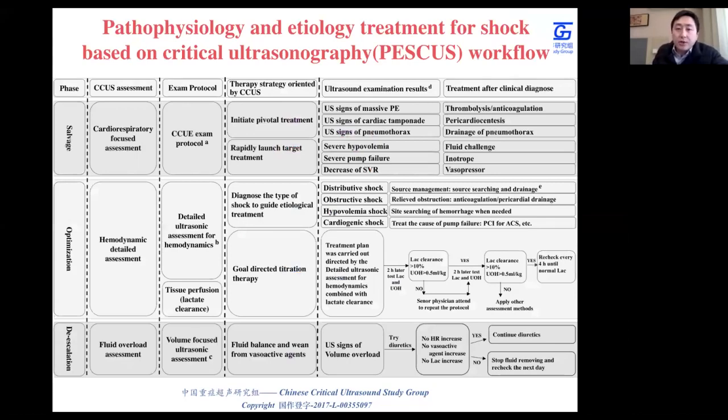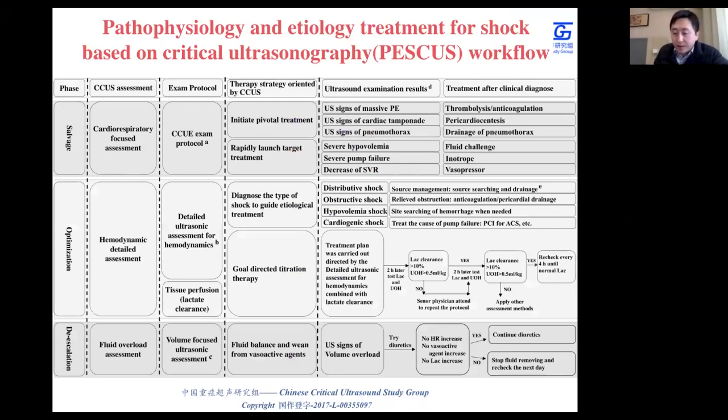And we'll introduce the PACE class workflow that includes the pathophysiological treatment and etiology treatment of shock, and covers the whole course of shock, including the salvage, the optimization phase, and the de-escalation phase of shock.